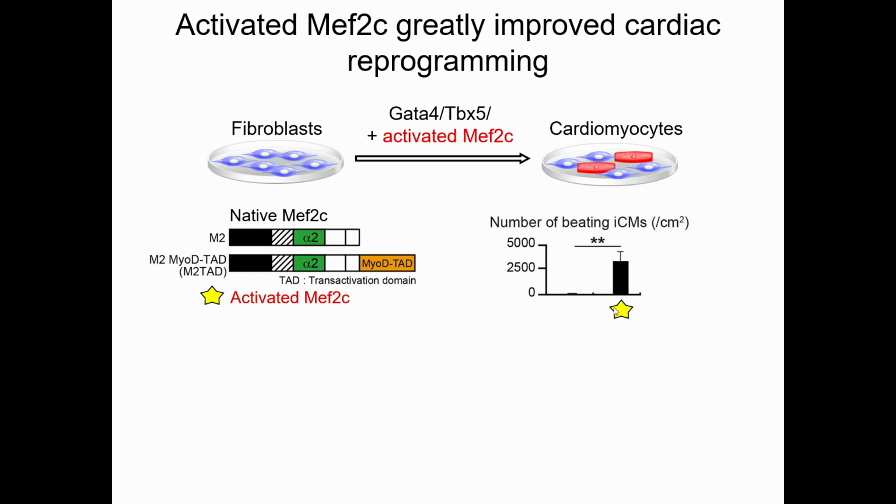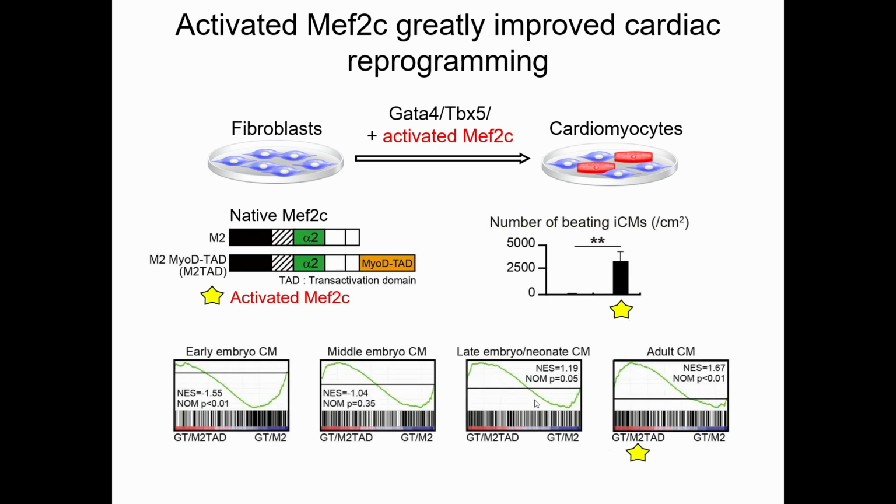As you can see here, the number of beating iCMs was greatly increased by overexpression of activated MEF2C with G and T. Interestingly, we found that iCMs induced with GT plus activated MEF2C had a more adult cardiomyocyte-like phenotype, which means we can make more mature cardiomyocytes by using activated MEF2C.